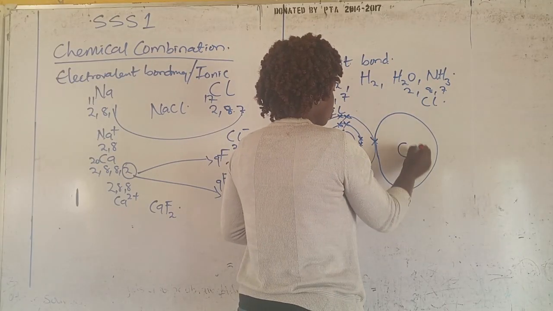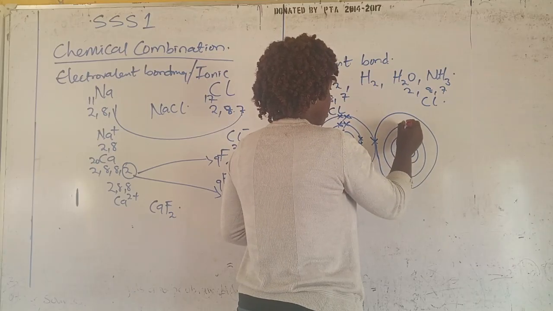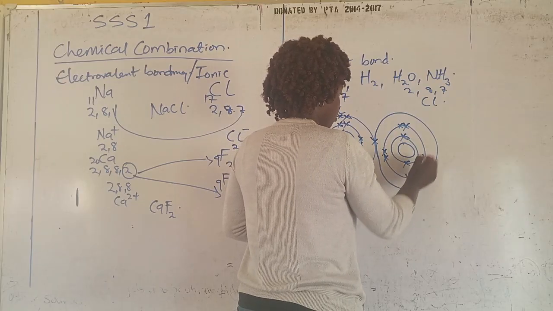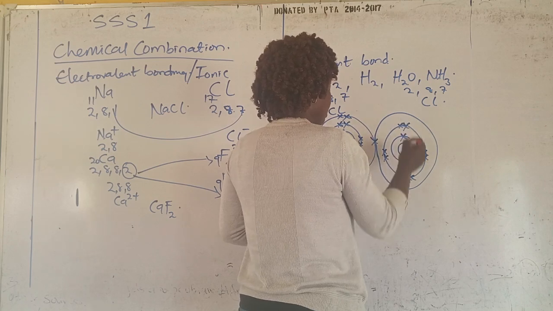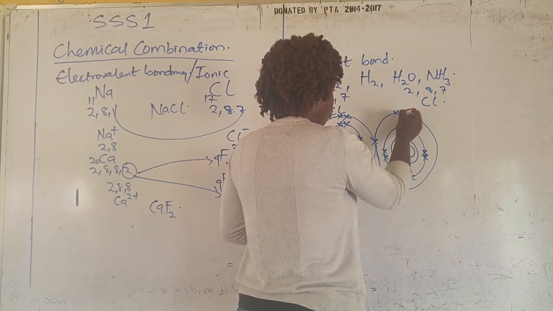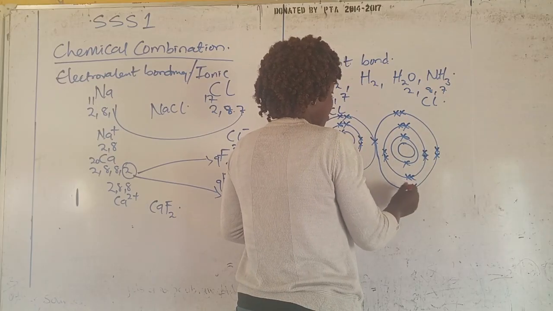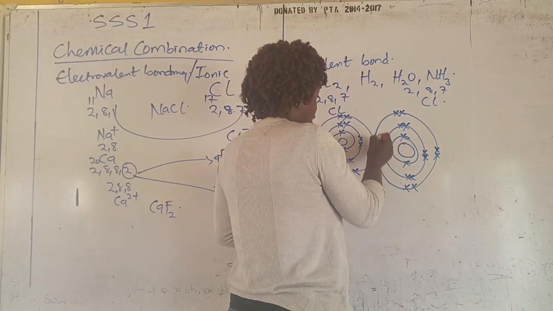So 2, 8, 7. Okay, so the 7 for the last shell, now 2, another 2, making 4, making 6. Now the last one, that is the 7th electron, I'll put it here.